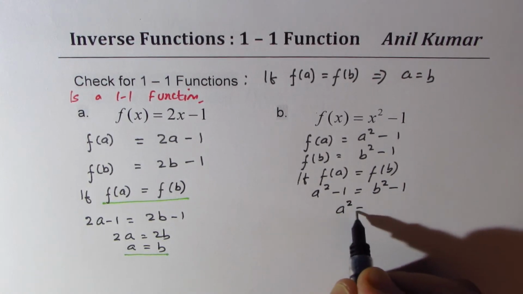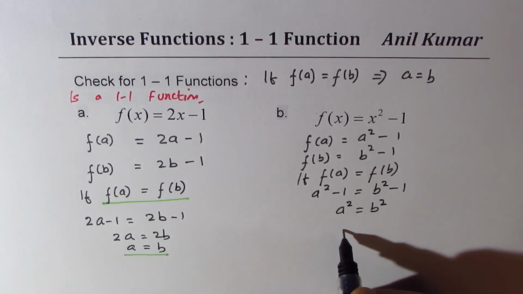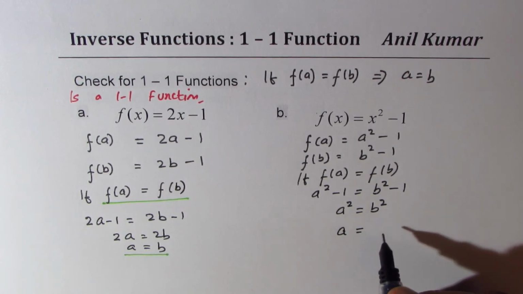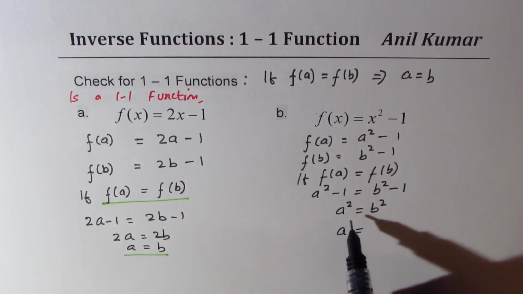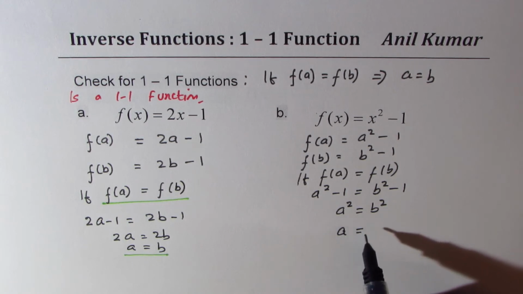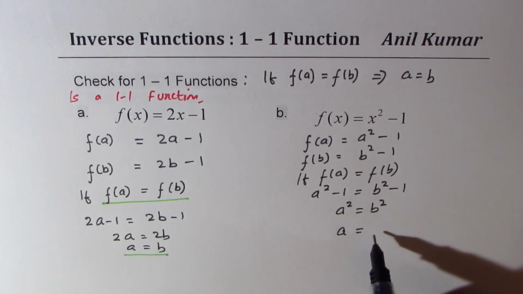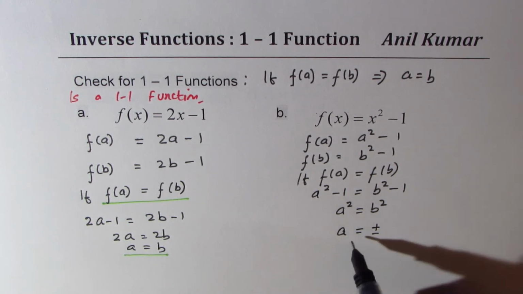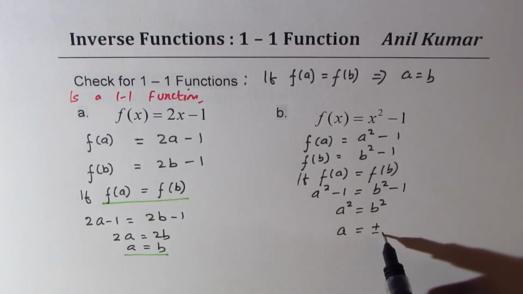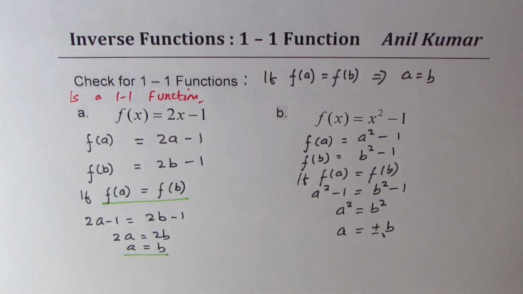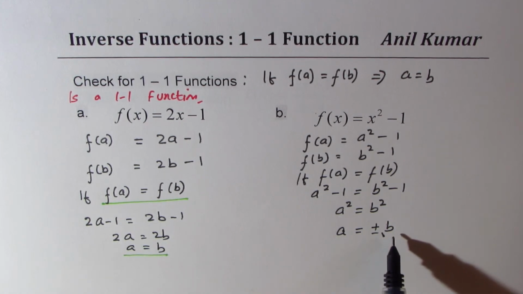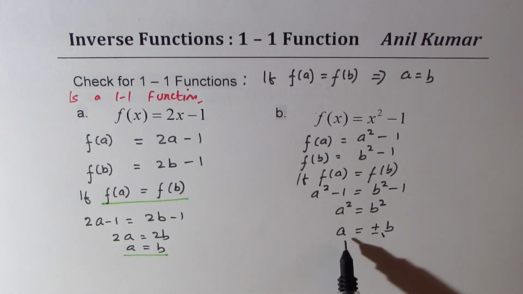So we have a square equals b square, so a could be equal to plus or minus b, right? So a corresponds to two values, not just one value, correct? So for two different values of b, we have a value of a, correct?